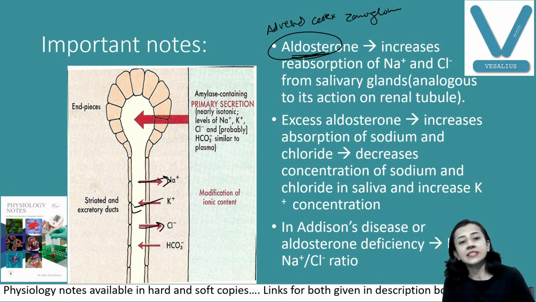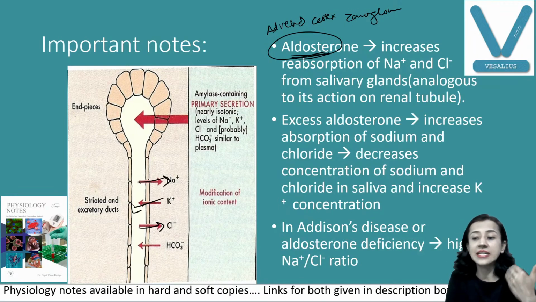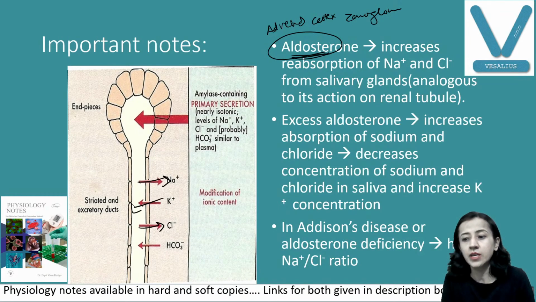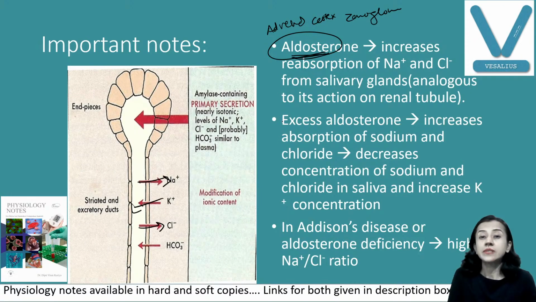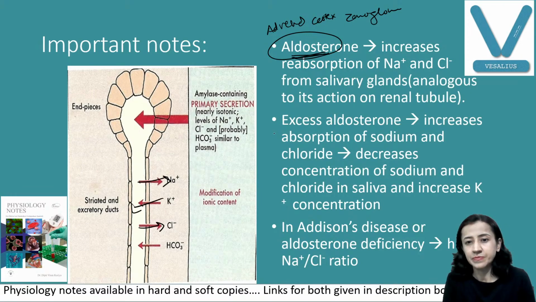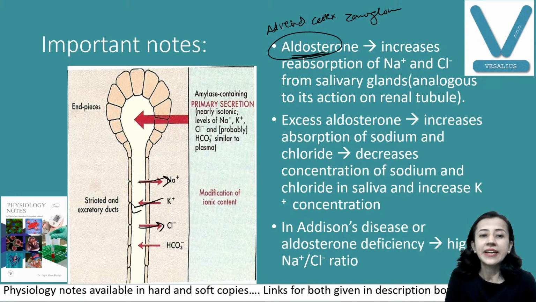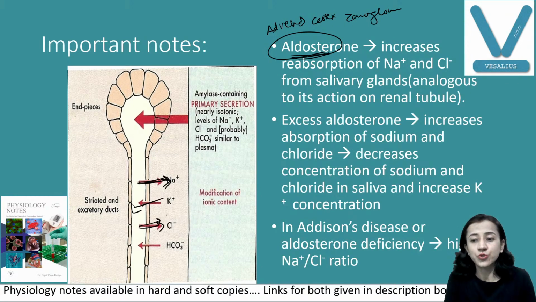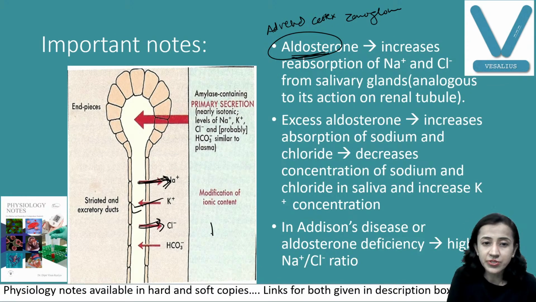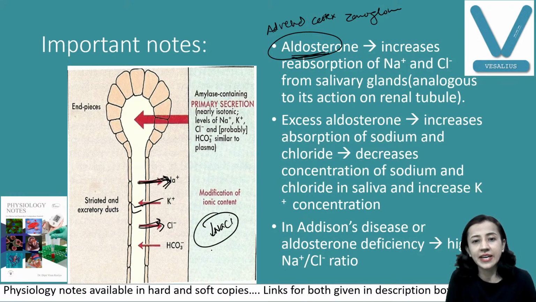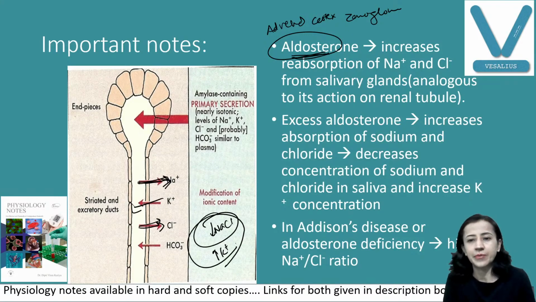Suppose in a disease condition, Conn syndrome, the aldosterone level is increased, so there is increased sodium and chloride reabsorption. So the concentration of sodium and chloride decreases in the saliva and the potassium concentration increases in the saliva.